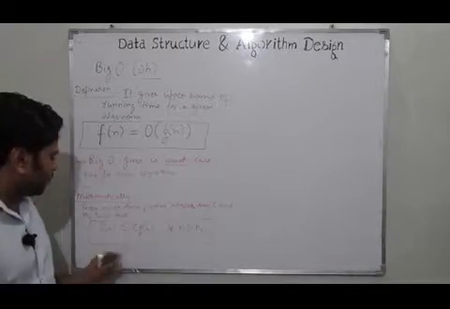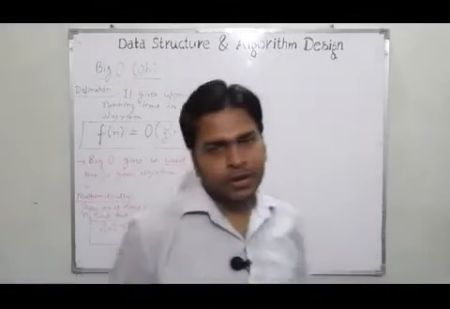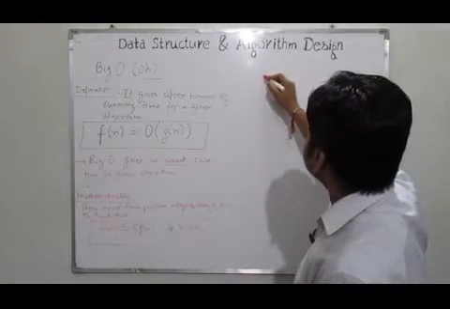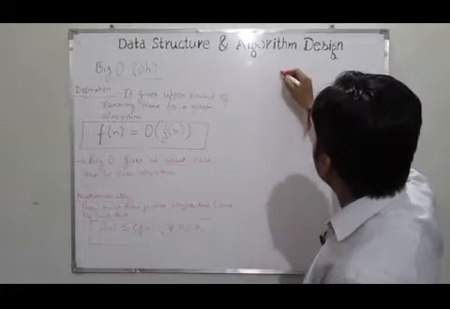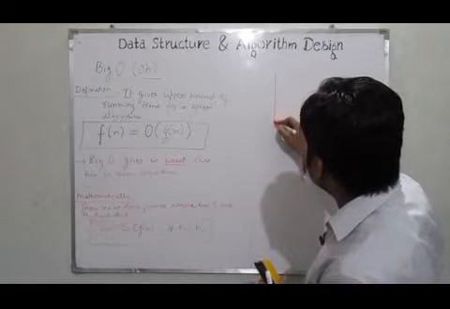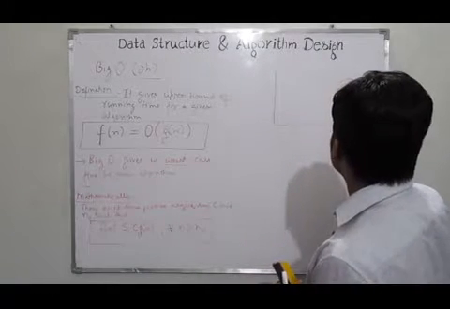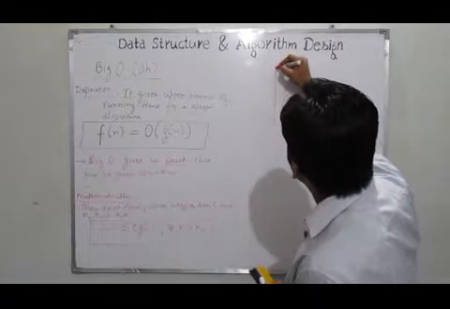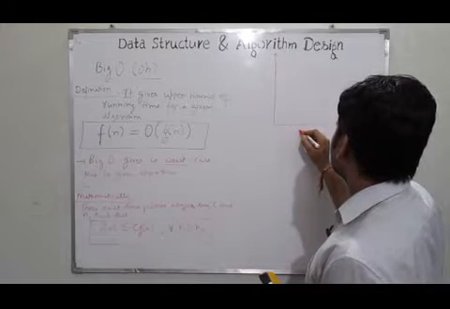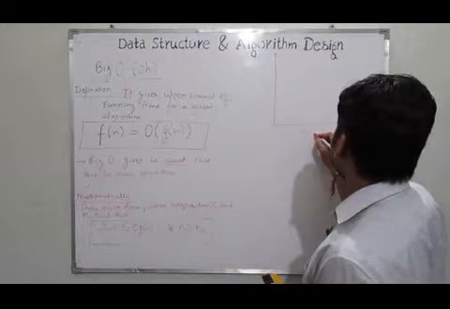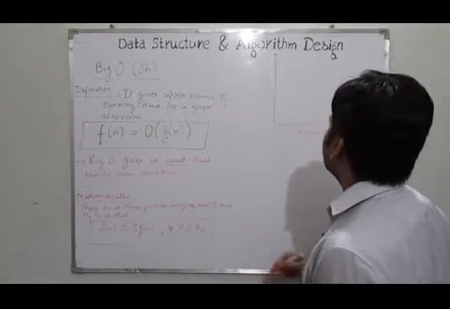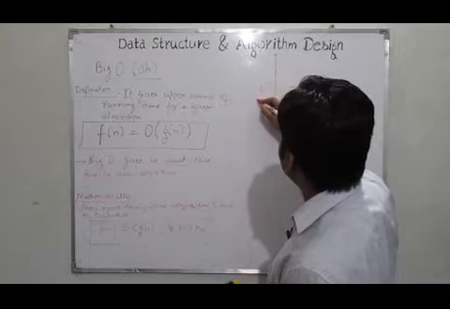Fine. So we can understand it through a graph also. If we draw a graph for big O, suppose here we have the size of a given algorithm and here we have running time.